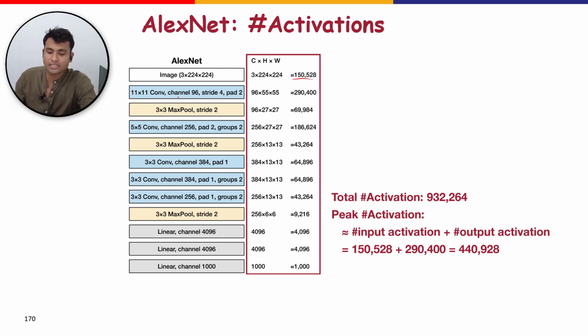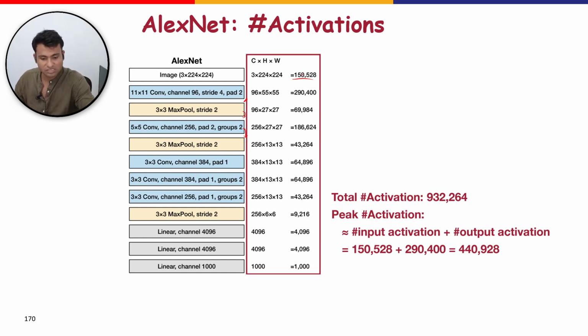And if you apply 96 kernels of 11 cross 11 size, then the total number of outputs in the output of this layer would be 290,400. Similarly, you can calculate after each layer the total number of values going as an input to the next layer, and what is the output which is supposed to come from that layer.